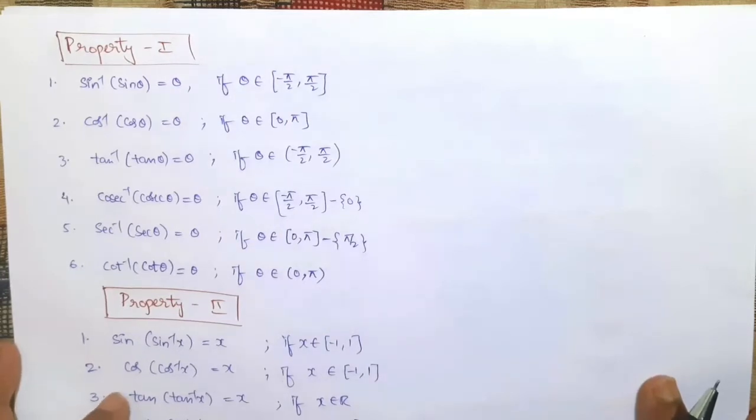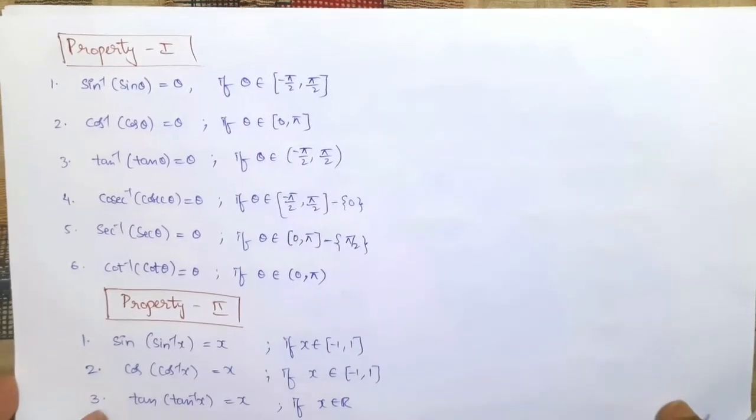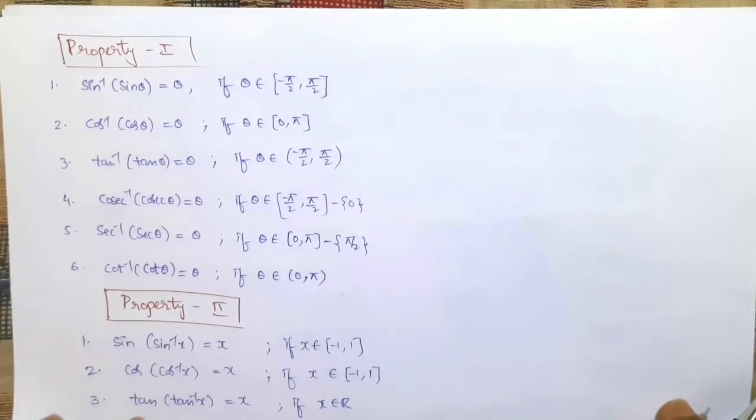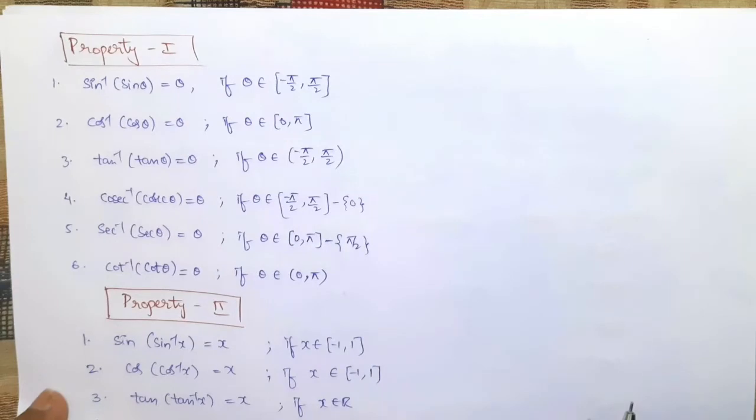Remember, 25 questions. Don't miss any, you may get it in the exam. Who knows? So don't miss the class, watch the full class and write down these properties carefully. After some time I will include these class notes in the description of the video also.